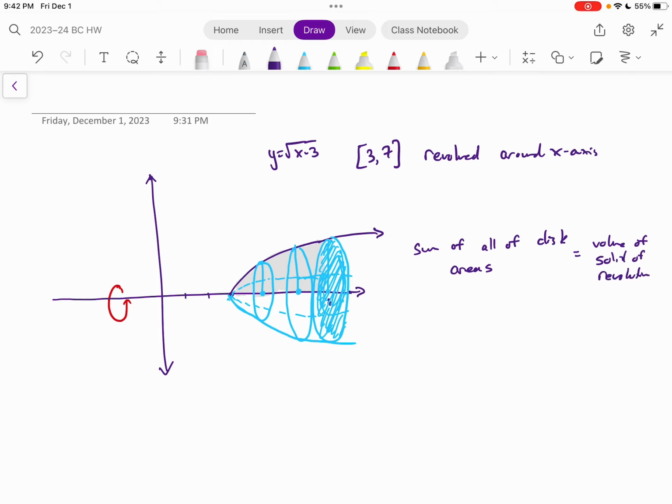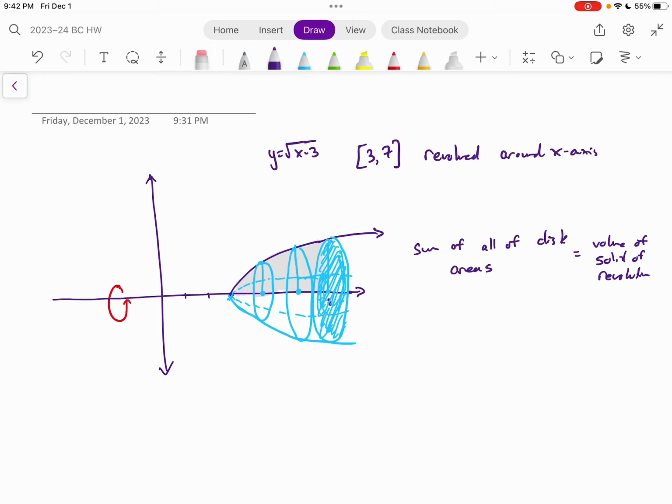And this is what we saw today when we revolved that cone, when we revolved the straight line, y equals 2/3 x or whatever we picked, around the x-axis. We saw that.